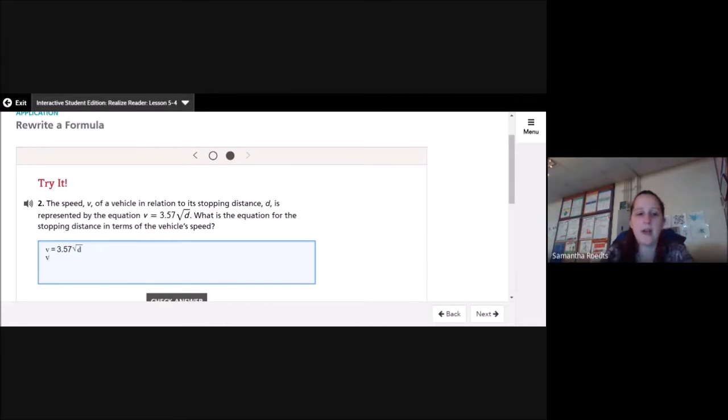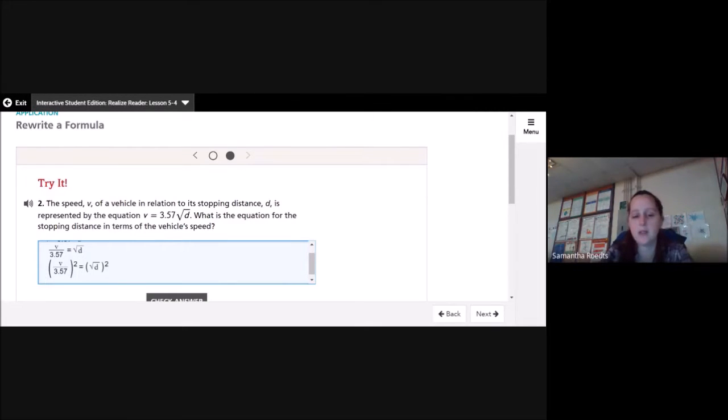So I'm going to divide both sides by 3.57. So I have v over 3.57 equals the square root of d. Then I square that: v over 3.57, squared, equals the square root of d, squared.